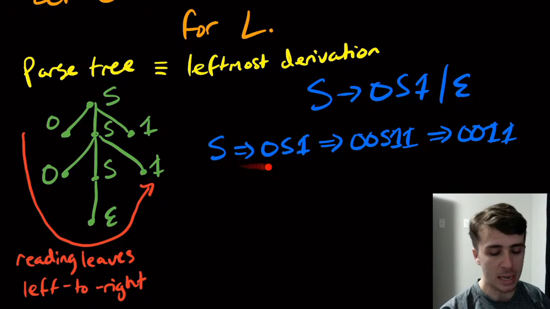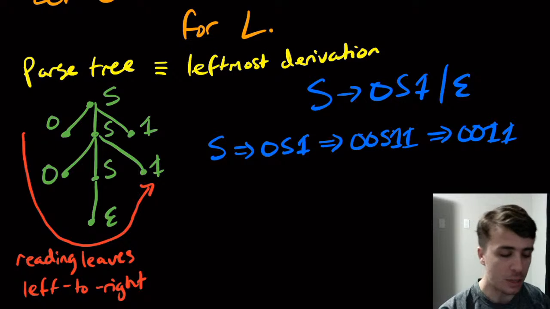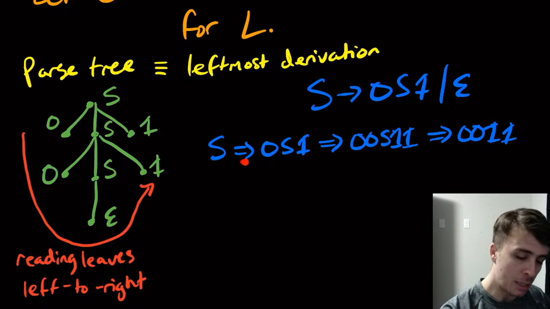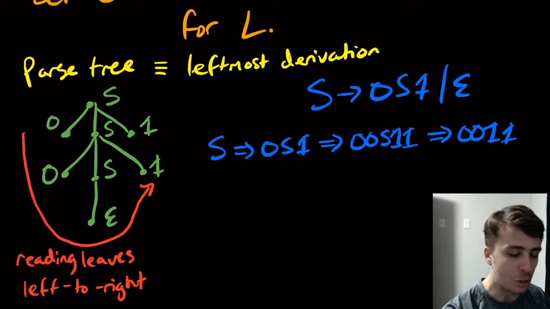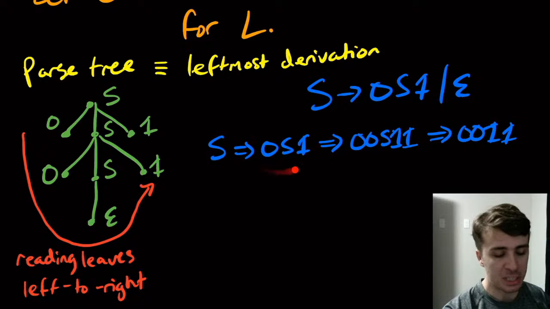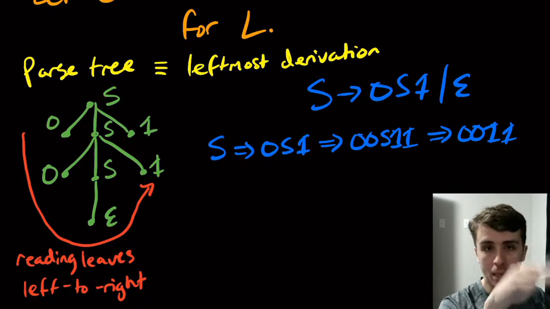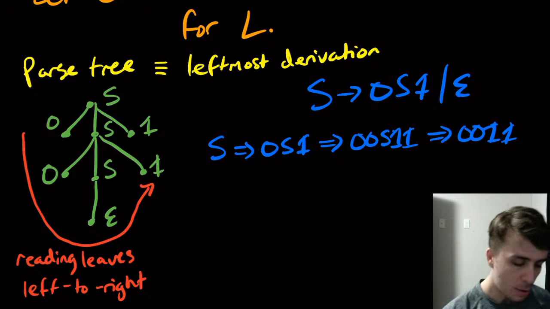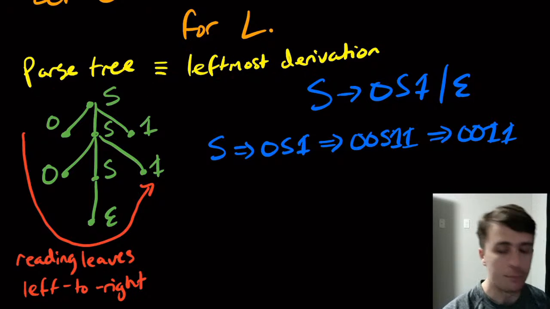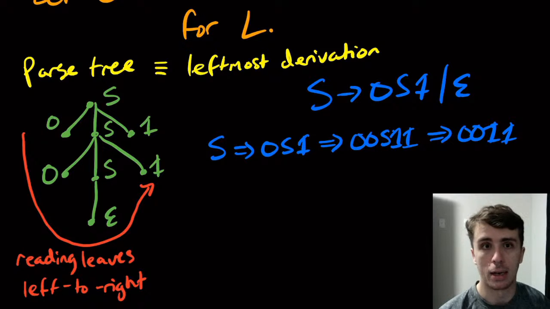And similarly, if you have a leftmost derivation, you can proceed by making the tree one level at a time, so to speak, by starting at the top, seeing what the variable was replaced with, and making those children, and then just keep going down. Okay, so parse trees and leftmost derivations are equivalent to each other.